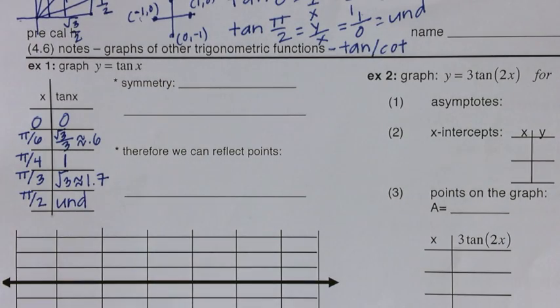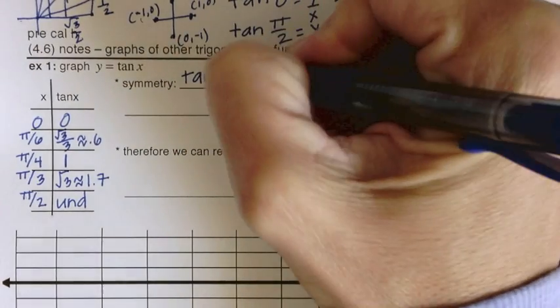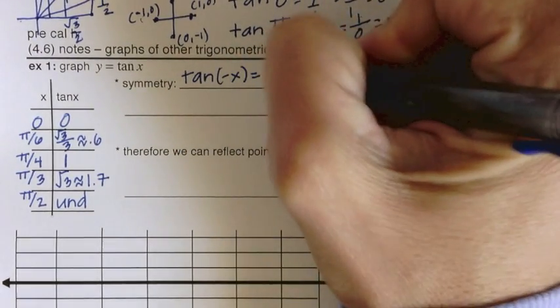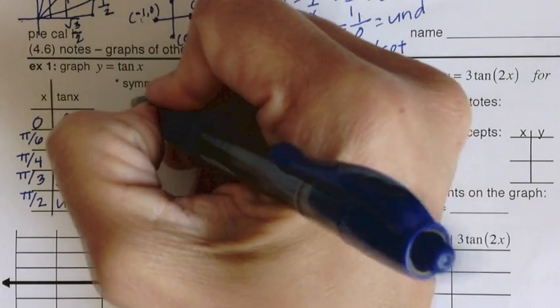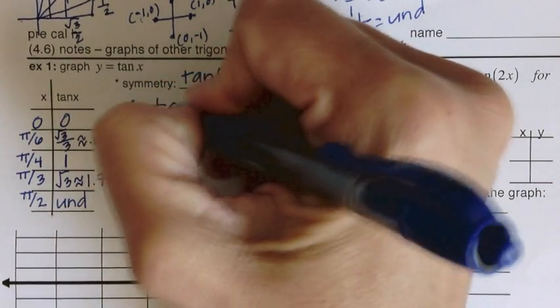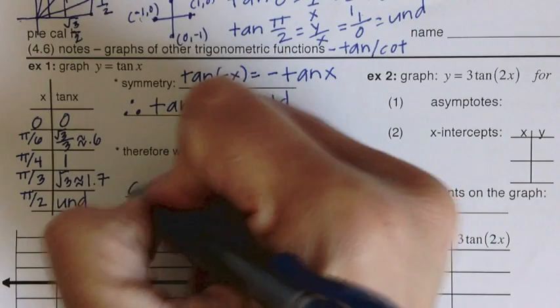So there obviously are some differences between sine and cosine and tangent. First of all, the symmetry for tangent is negative tangent at x, so it has origin symmetry and it's odd. So when it's odd, we're going to reflect the points about the origin.